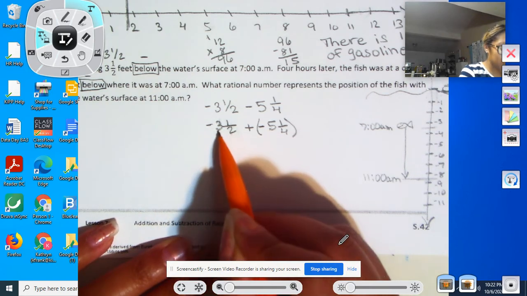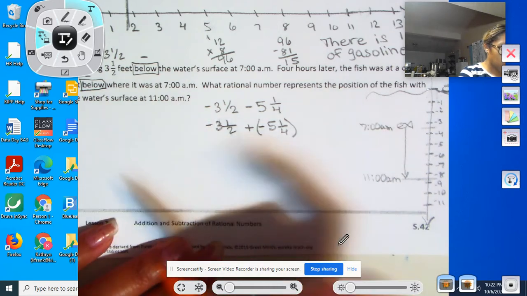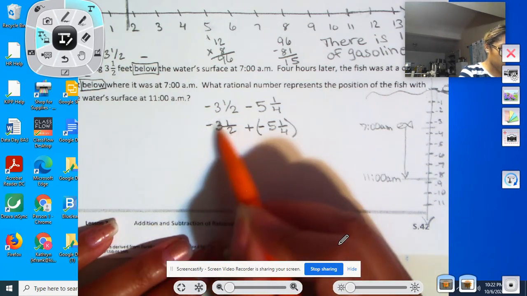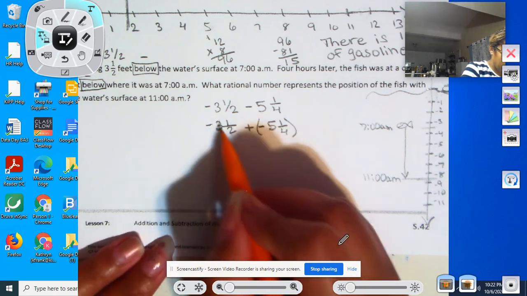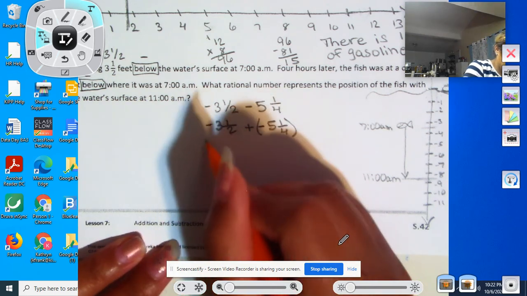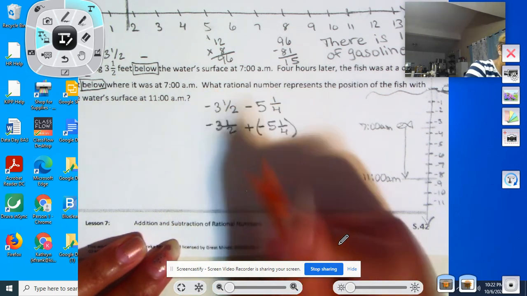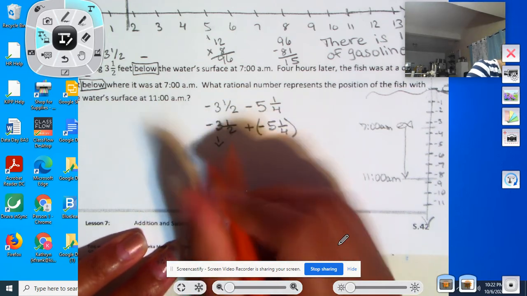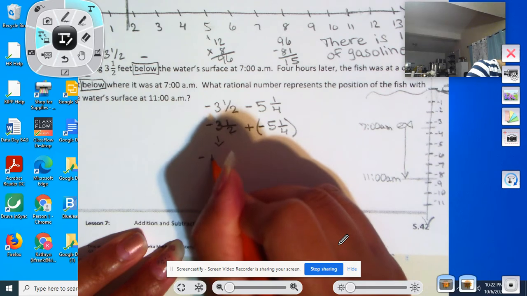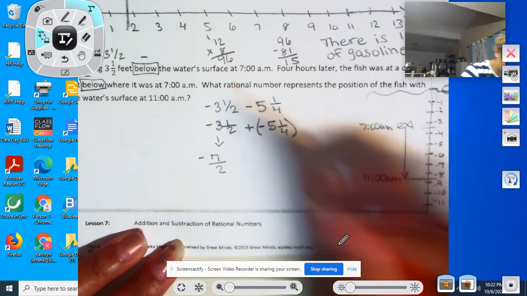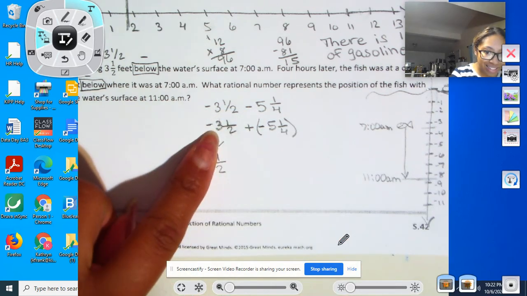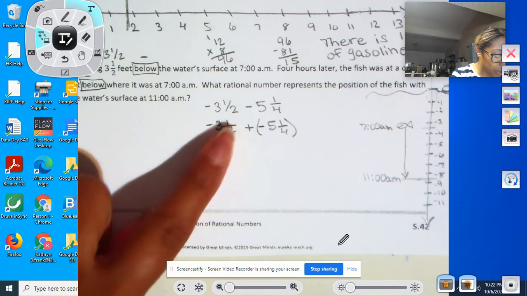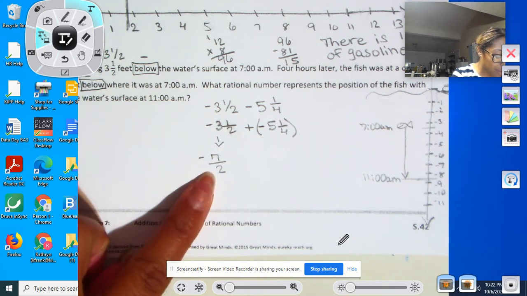Well, there are 6 halves in 3 wholes. So we've got 6 halves plus this 1 half right here. So that means that we can rewrite this as negative 7 halves. So there are 6 halves in 3 wholes plus this other half, making 7 halves.